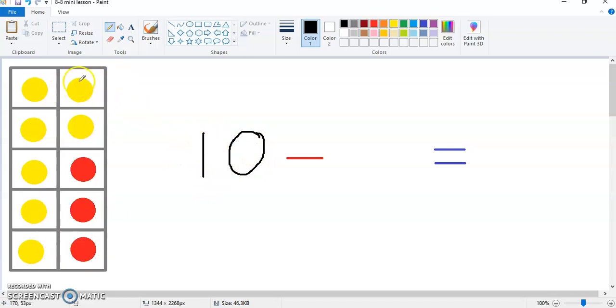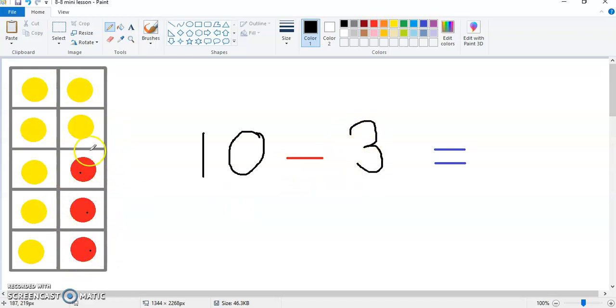We know that. And we are taking away how many? Remember, we said that if we take away the red counters, so we're going to count how many red counters. 1, 2, 3. There are 3 red counters. Okay. So our number sentence so far says we started with 10 in all. We know that. This is a 10 frame. We're taking away the 3 red counters.